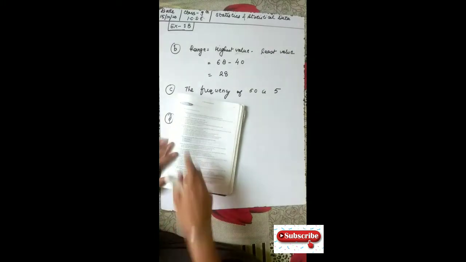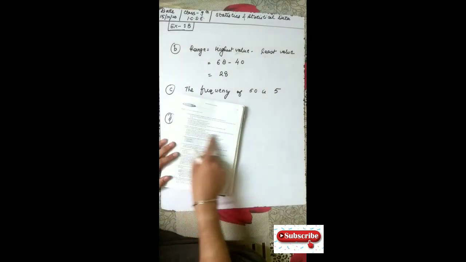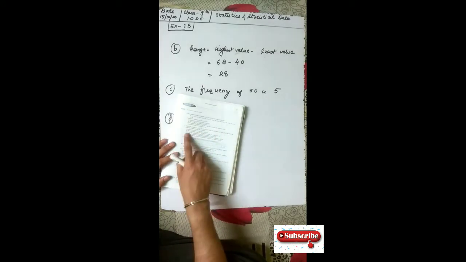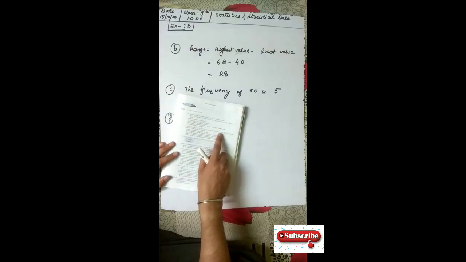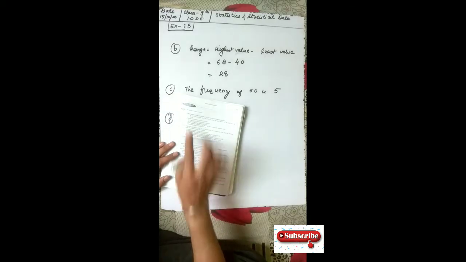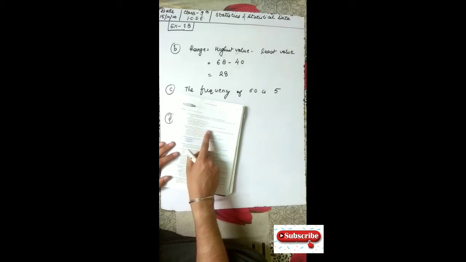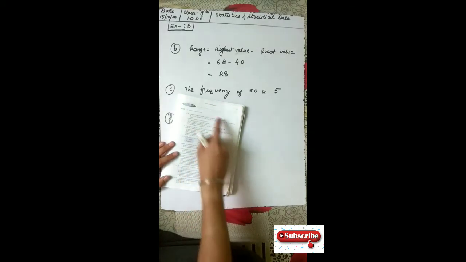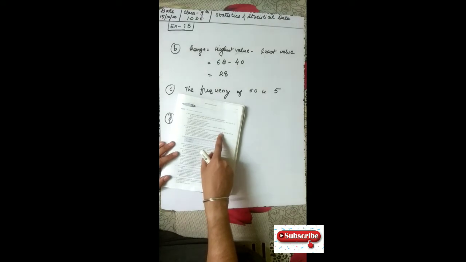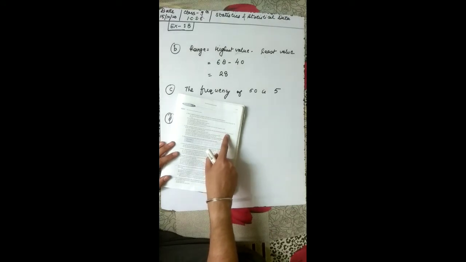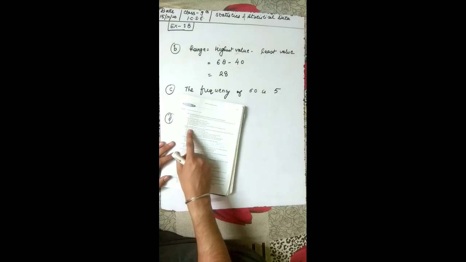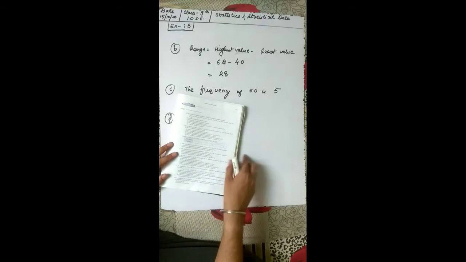Now if you come to the second question, same data, what is the type of these class intervals? As you can see, 40 to 45, 45 to 50, 50 to 55. Let me just read the question. If the collection of the data in question number 1 is grouped into class intervals like 40 to 45, 45 to 50, 50 to 55, 55 to 60, and so on up to 65 to 70, then what is the type of these class intervals?